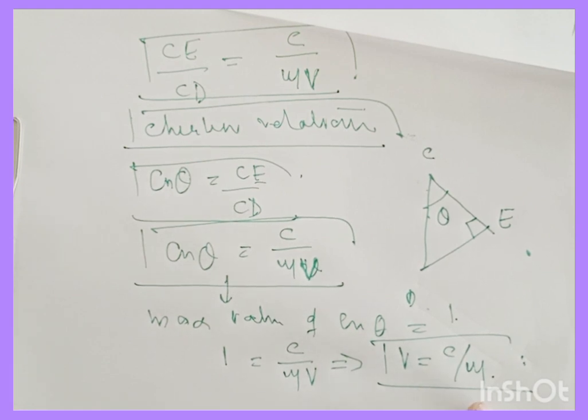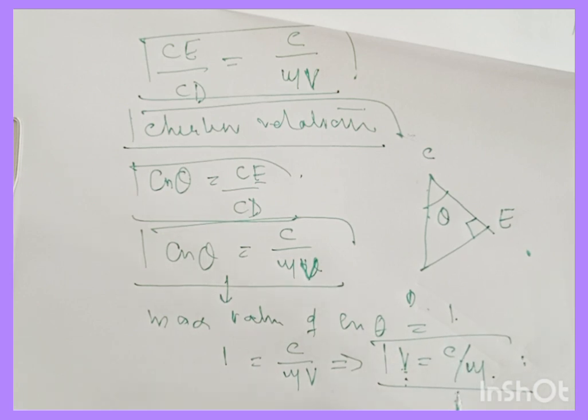And this V is giving us the velocity of the electron. So what we have here is V is equal to C by mu.